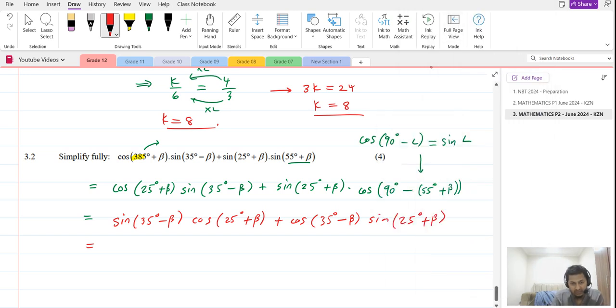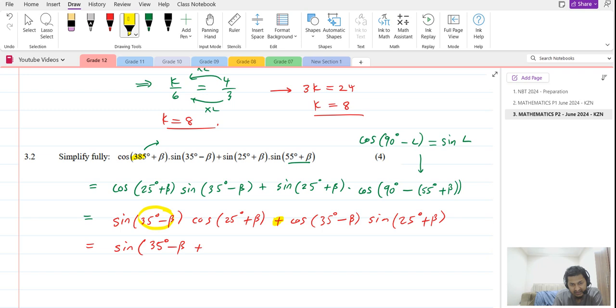So now what is sine, cos, sine? That's the expansion for sine a plus b. So there's a plus here. So what's the first angle? The first angle is 35 degrees minus beta plus cos the second angle. Remember, this is the first angle.